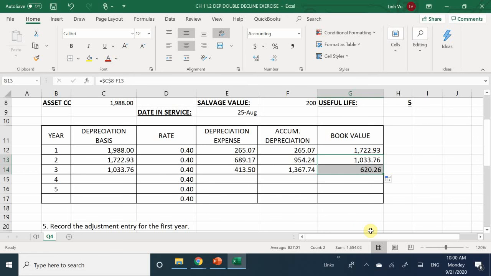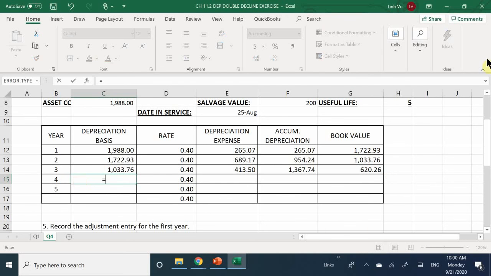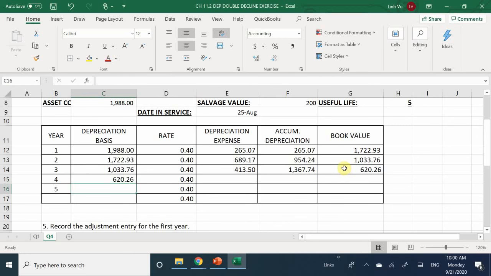Okay. So then if we have that going to be my depreciation basis for year 4. Okay, so now I'm at 620.26. All right, what is my depreciation expense for year 4? 248.10.